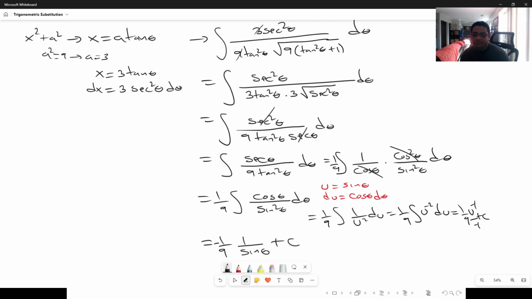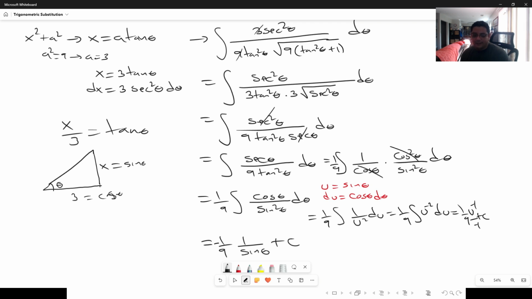Now here is a little bit simpler than before, because we had that x over 3 was tangent of theta. I can think of this as the ratio between the sine and the cosine, right? And so this is like this side over this side, like y, and this opposite side over the adjacent side, and this is like sine, and this is cosine.